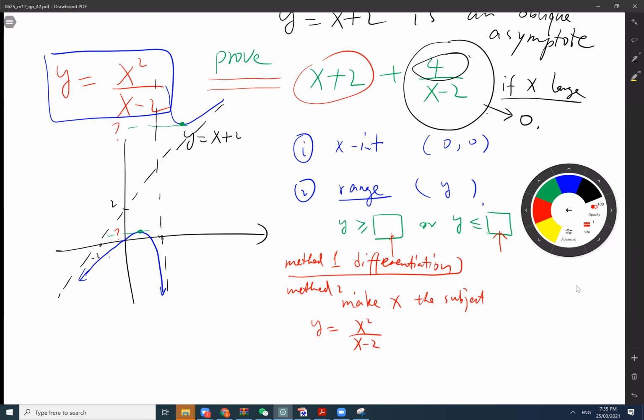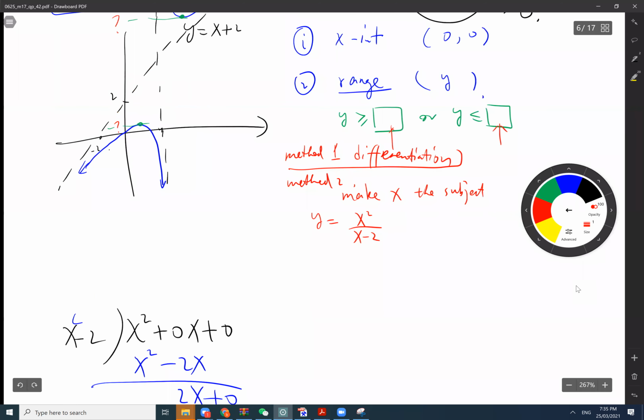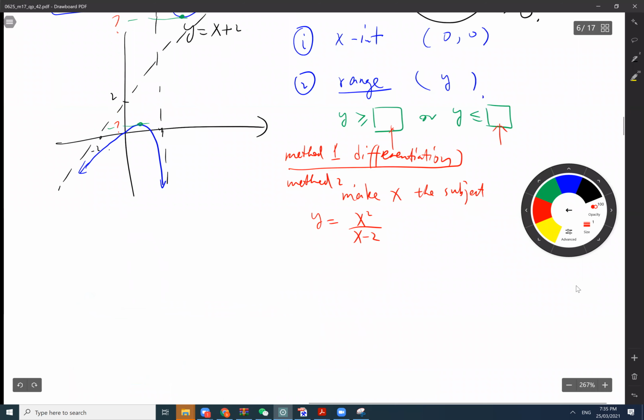Oh, that's a nice way. Charlotte, try completing the square. That's a good way. yx minus 2y equals x squared. So we get x squared minus yx plus 2y equals 0.